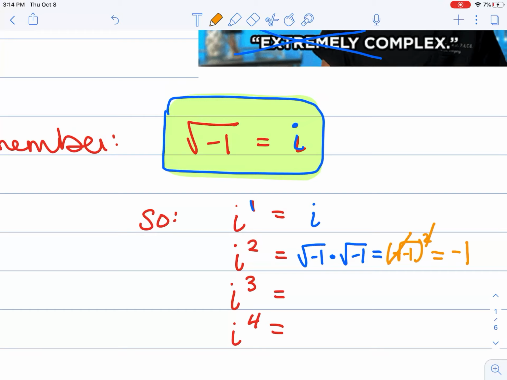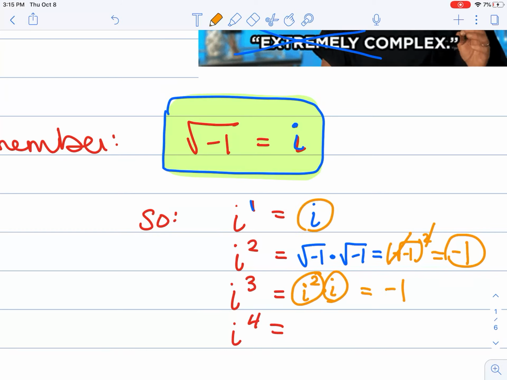Now i cubed, couldn't I write that as i squared times i, right? Well, i squared I know is just -1, and I know i can just be written as i, so that's -1 times i. So i cubed is really -i.